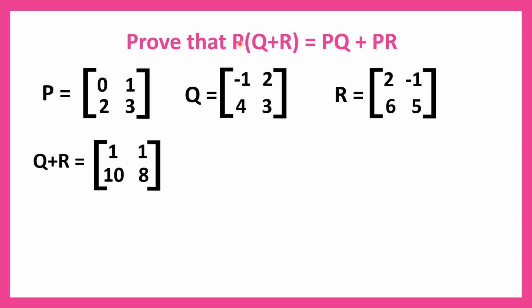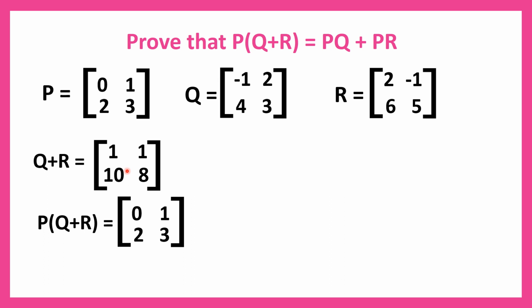Now we have to multiply P with Q plus R. P into (Q plus R). So P comes first, P matrix into (Q plus R) matrix. So this is the P matrix and this is the Q plus R matrix.